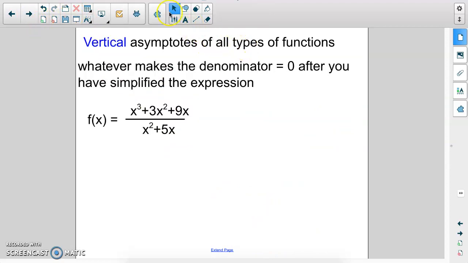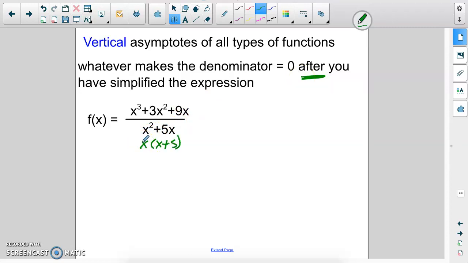Vertical asymptotes of all types of functions, whatever makes the denominator equal 0, after you've simplified the expression. So you can't just look at this and go, okay, 0 and -5 make this equal 0, so those must be my vertical asymptotes. Nope, you have to simplify the expression first. So on the top, I'm going to factor out an x. On the bottom, I already factored out an x.